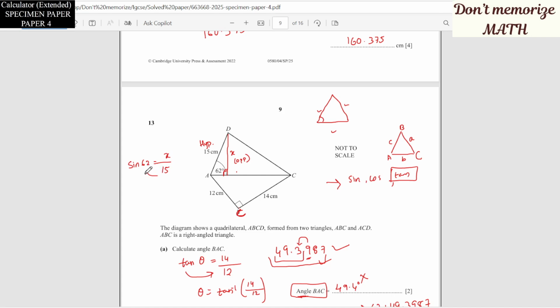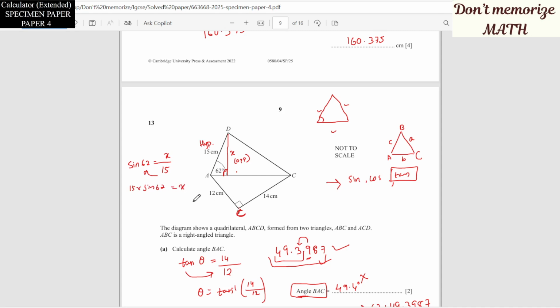So you can move 15 to the left side. So divided by 15, when we move it will become multiplied by 15. So 15 multiplied by sine 62. Don't write like sine 62 times 15 here, because what will happen is they will multiply 62 times 15, then find a sine value. So first write 15, that's better.